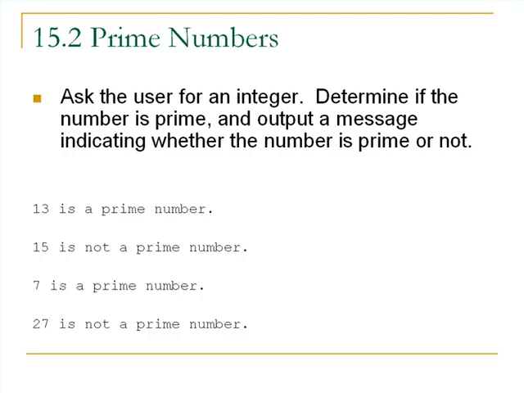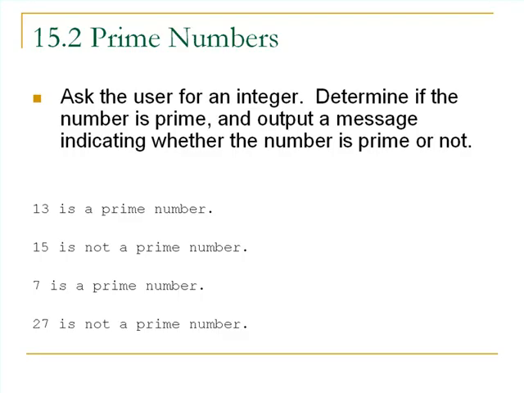So 13 is a prime number, but 15 is not, because 15 is divisible by 3 and 5, as well as 1 and 15. 7 is a prime number, we saw that in the previous one, and 27 is not a prime number, 3 9s are 27. So here's what I would like you to do.